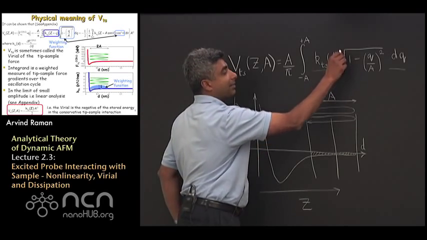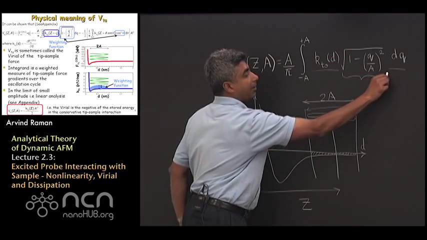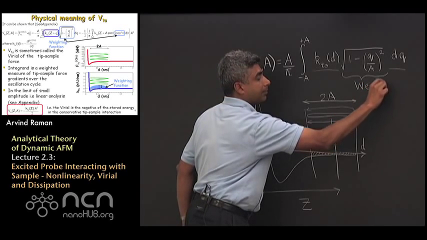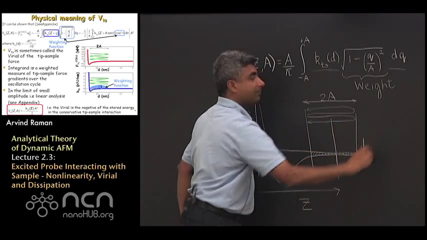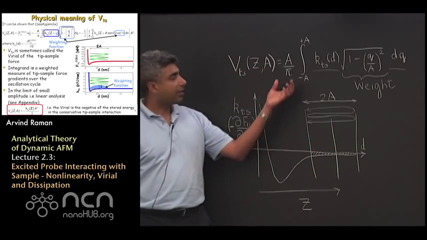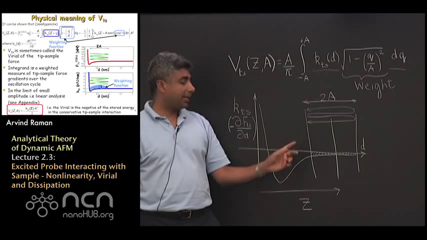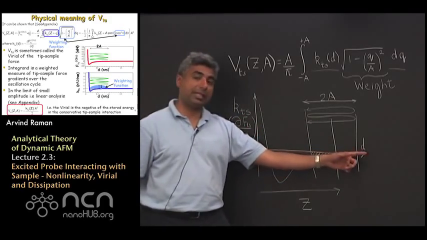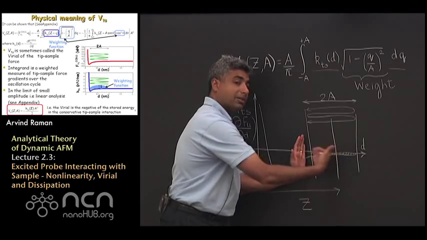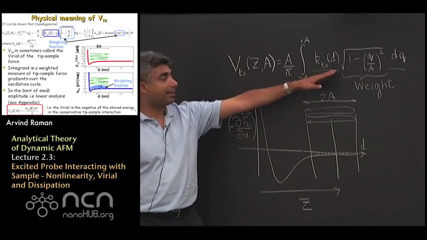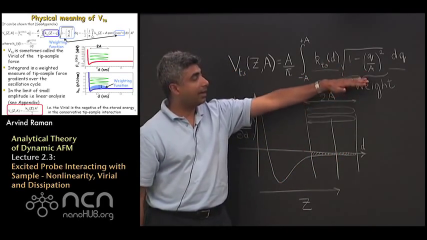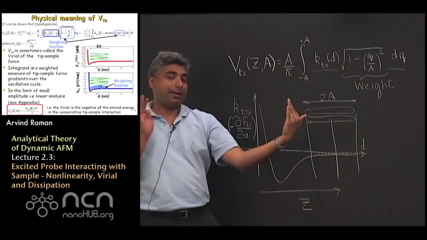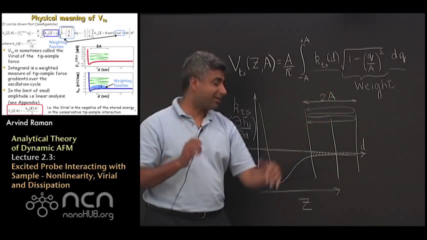However, we also have this additional term out here, which is a weighting function. So the integrand here is actually not just the area under the KTS versus d graph during the oscillation cycle, but it's weighted. And this quantity is a weight that reaches a maximum value of 1, and it extends over the plus A to minus A range.